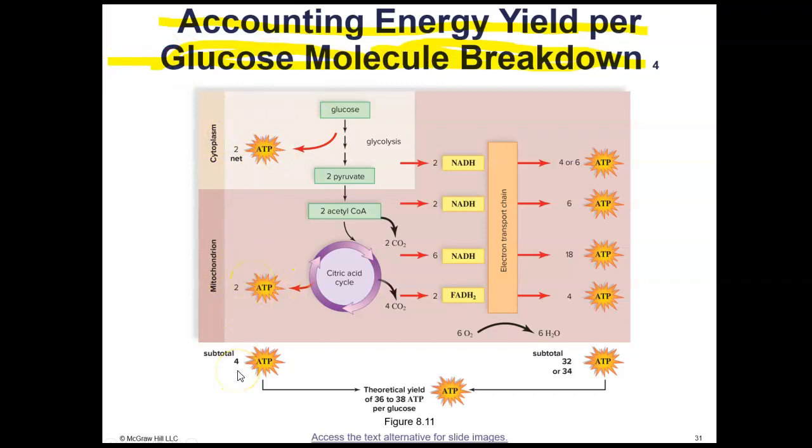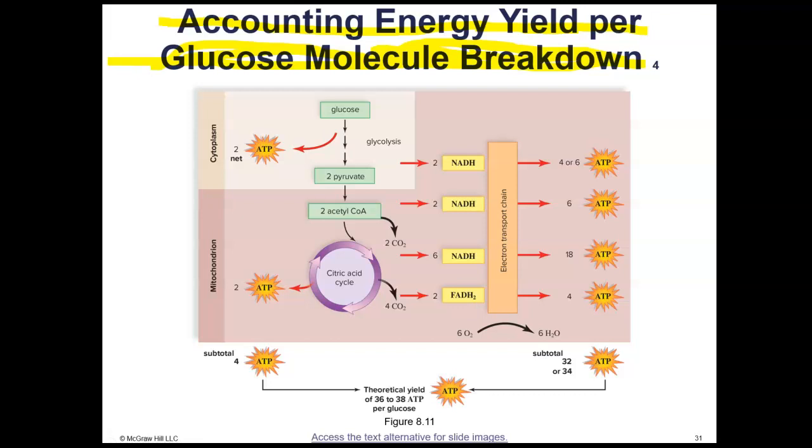That comes out to 4. Then from glycolysis, remember there were 2 NADHs produced. The prep reaction, which is this part in here, it's not labeled, produces 2 more NADHs. The citric acid cycle produces 6 NADHs and then 2 FADH2s.